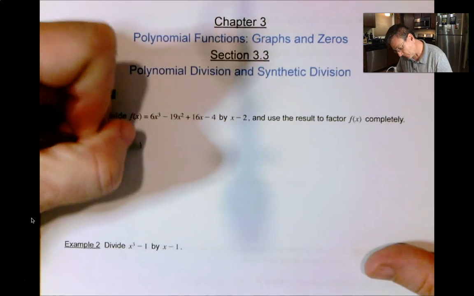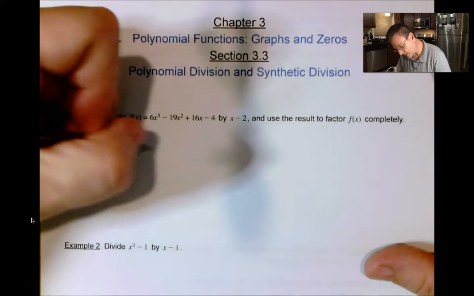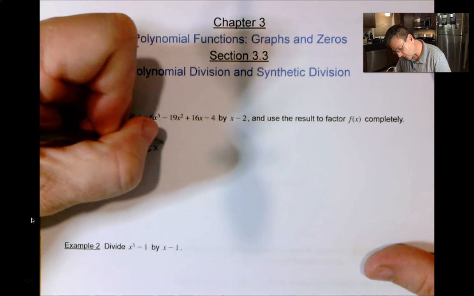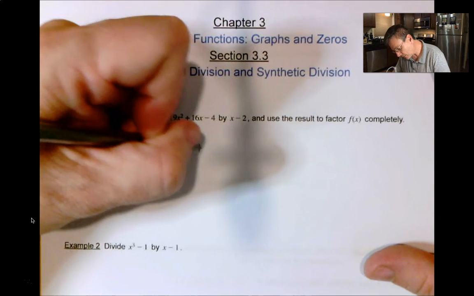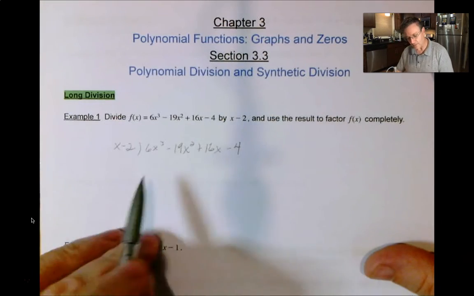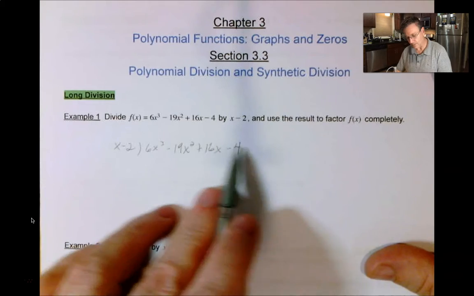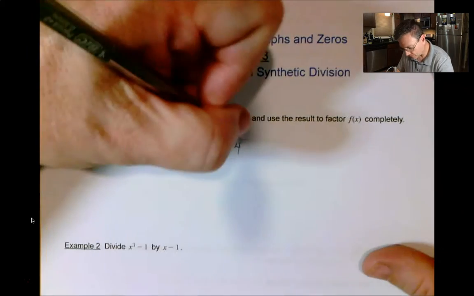So let's set up x minus 2 on the outside, 6x cubed minus 19x squared plus 16x minus 4. I don't need any placeholders: 3, 2, 1, 0. Divided by.